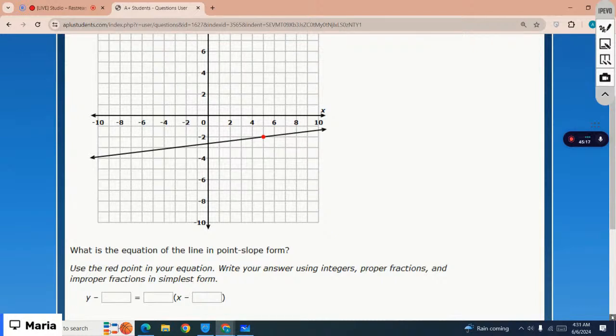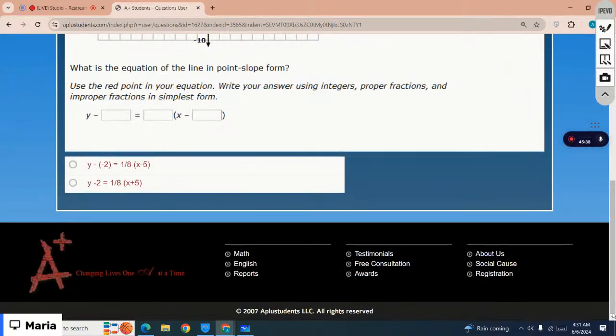So which is the correct option? The correct option is option number 2. Got it?